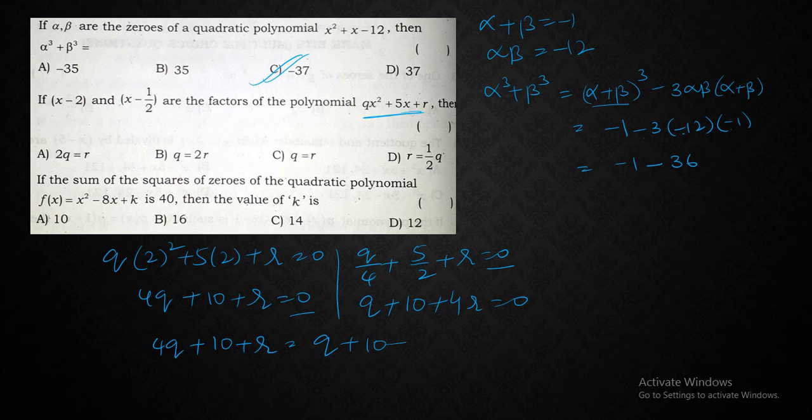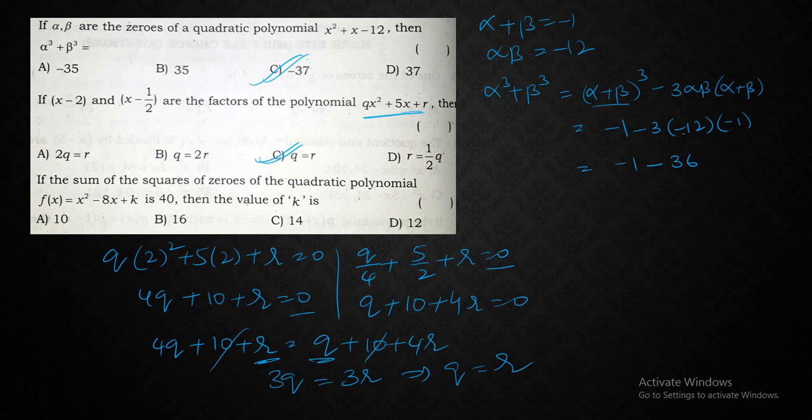So q plus 10 plus 4r. Now both sides we have 10, we can cancel it out. If I transpose q to the other side, it becomes 3q, and if I transpose this r to the other side, it becomes 3r. So clearly q is equal to r. So the answer is q is equal to r.